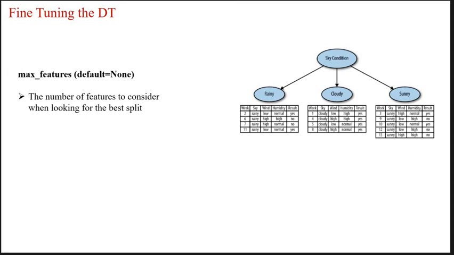The last one we'll tune is the max features. So this is the maximum number of features to consider for the best split. Now, this is the tree that we discussed in the example, but with the split not done yet. You can see that we have 3 features over here. How many features should the model consider in order to do the next split?